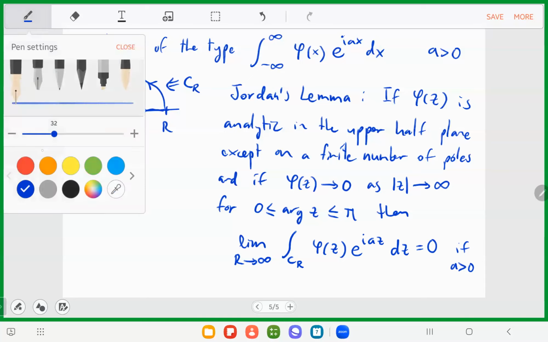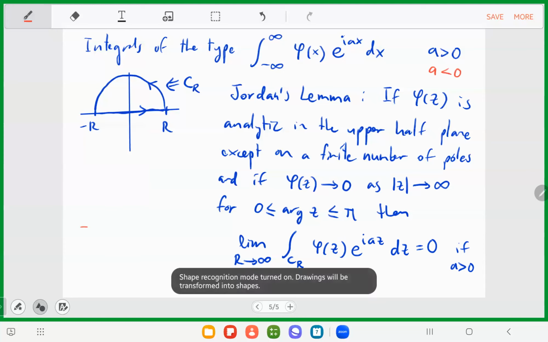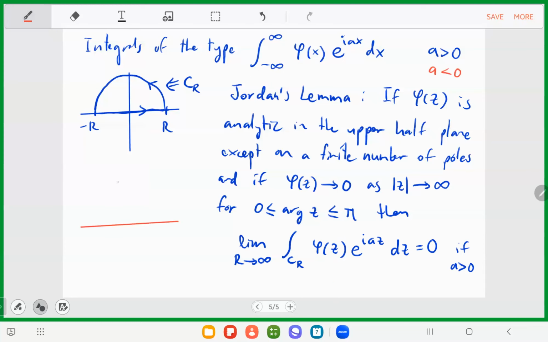And if a is negative, what we will do is we will do the contour like this. We could do the contour from minus R to R and taking the semicircle. I mean, this contour is going to be counterclockwise, so we will just add a minus somewhere.